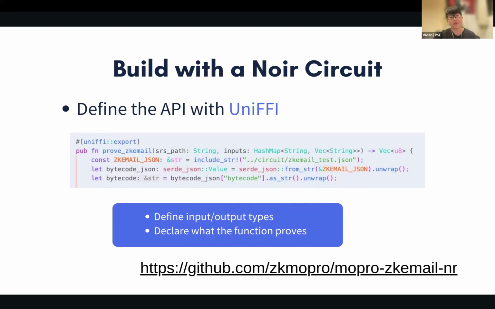When we define a function, for example, a function called proof zk email, and define its input and output, we can add the procedural macro UniFFI export, and it will tell our CLI to export these bindings for your mobile native.